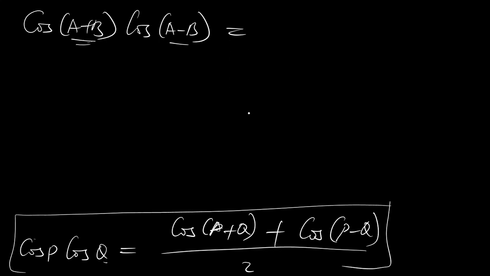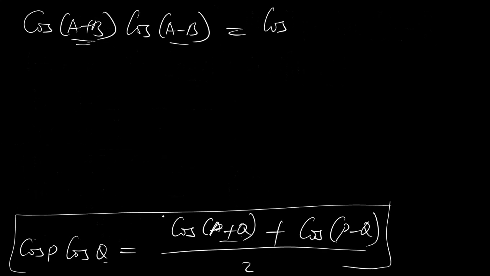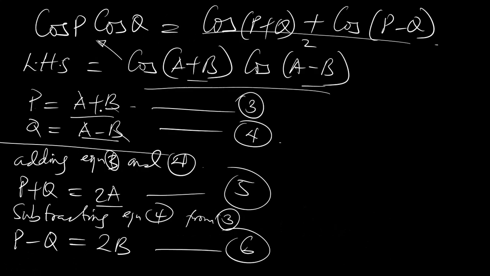So, here p plus q is 2a. So what we're going to do is, anywhere we see p, we replace it with a plus b, because p here is equal to a plus b.